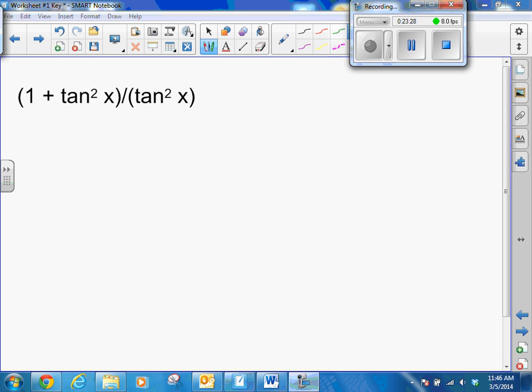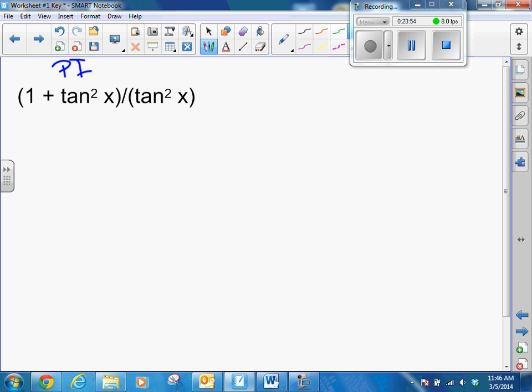Alright, so I have 1 plus tangent squared on top divided by tangent squared. Now, I cannot divide off those tangent squares. There's addition on top. You can't do that. So if I see a 1 plus a trig function squared, what should I look at? The identity. This is an identity, correct?